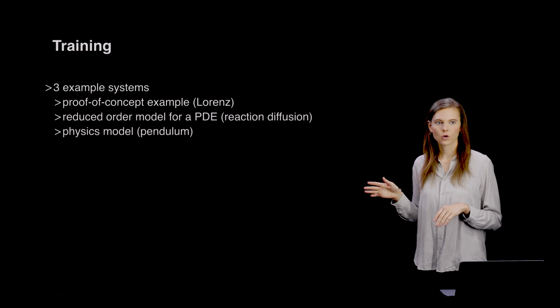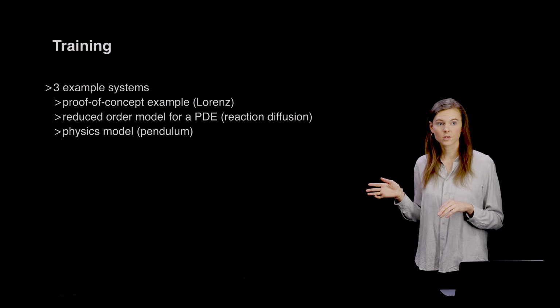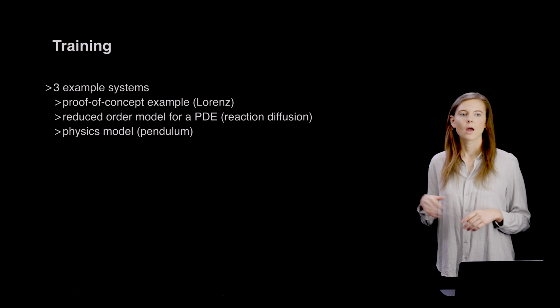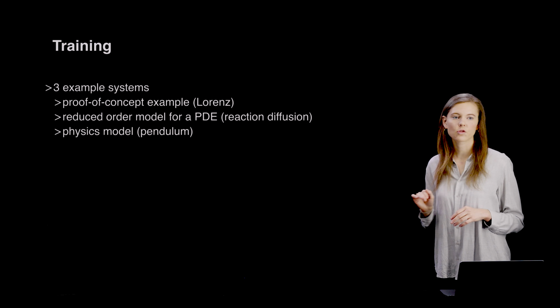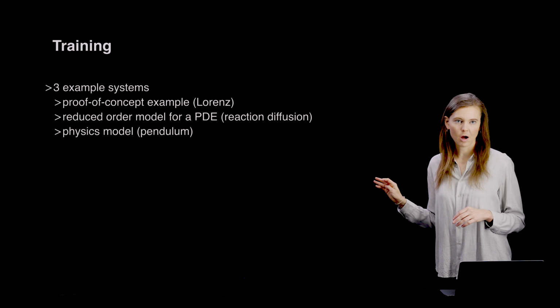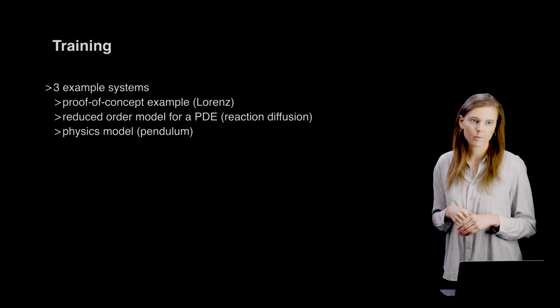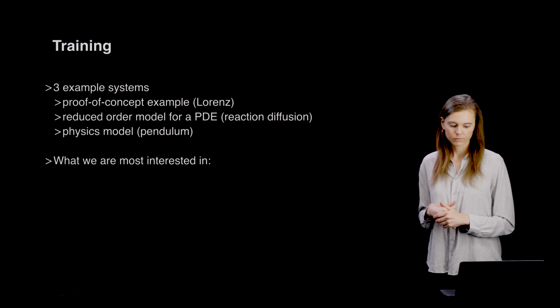The next shows a discovery of a reduced order model for a PDE. So we'll use a simple reaction diffusion system. And then the third case is trying to discover a physics model from video. So here again, I will use the example of the pendulum.